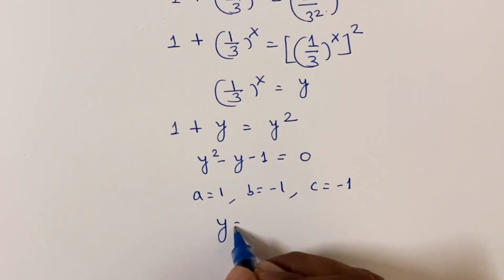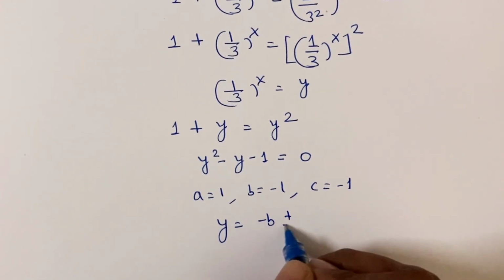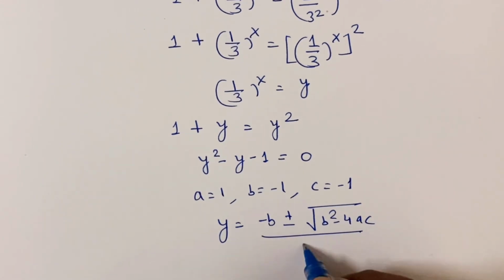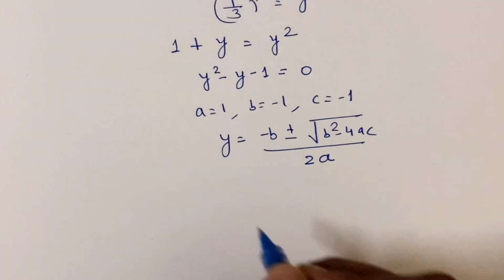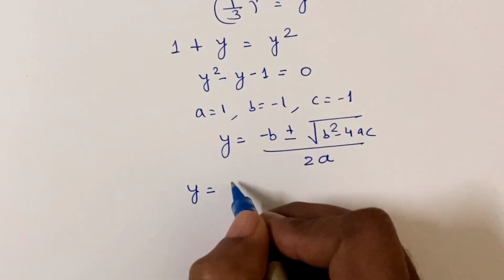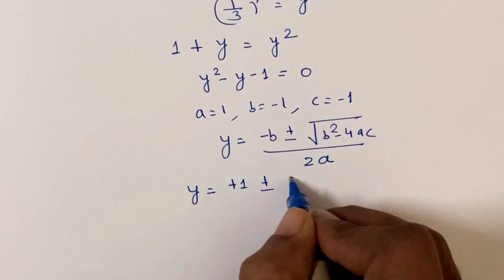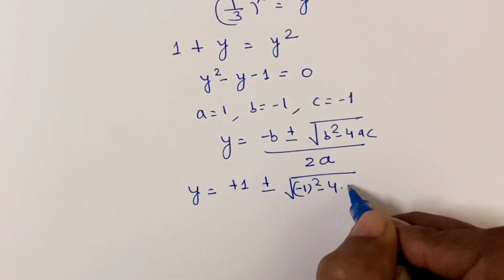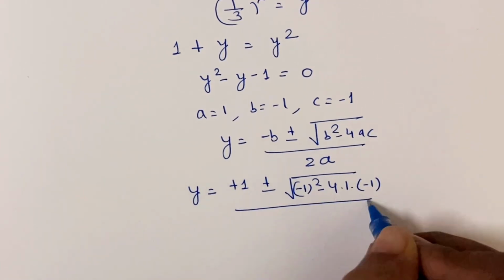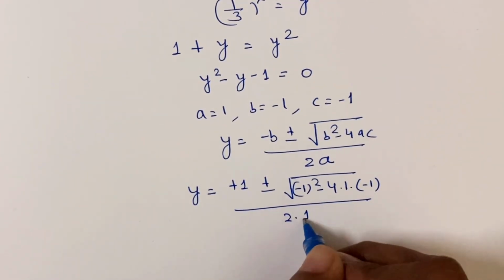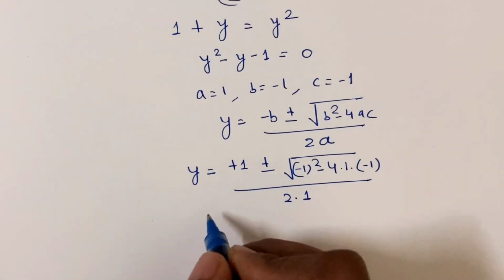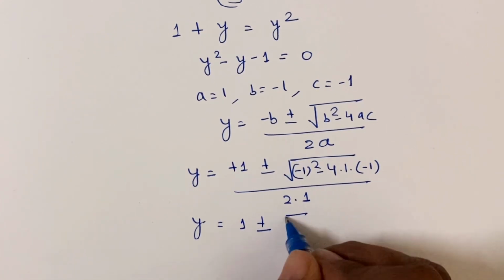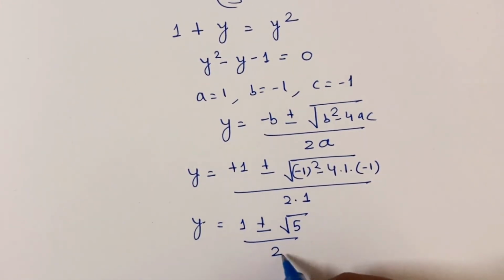So y will be equal to minus b plus minus square root of b square minus 4ac divided by 2a. So y will be equal to plus 1 plus minus square root of minus 1 square minus 4 multiply 1 multiply minus 1 divided by 2 multiply 1, which is equal to y equals 1 plus minus square root of 5 divided by 2.